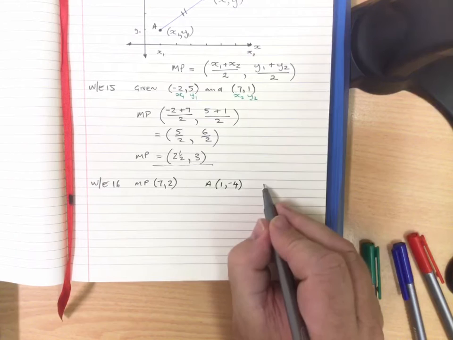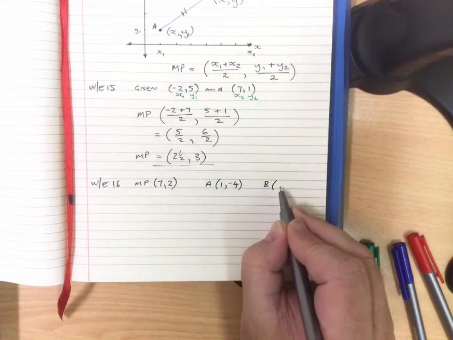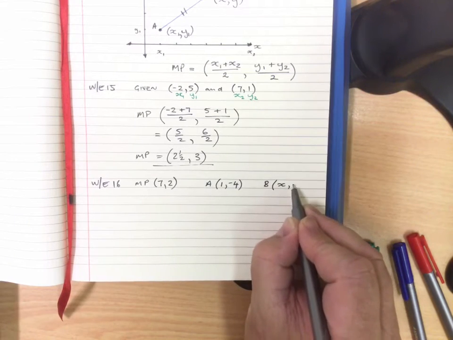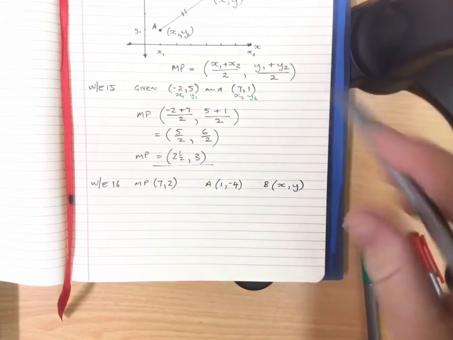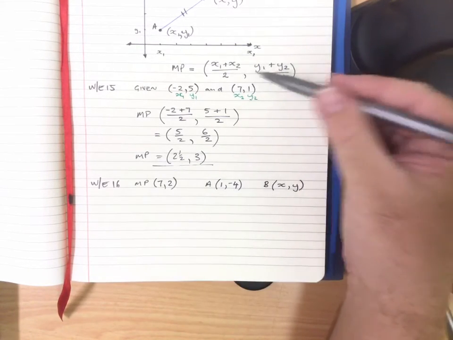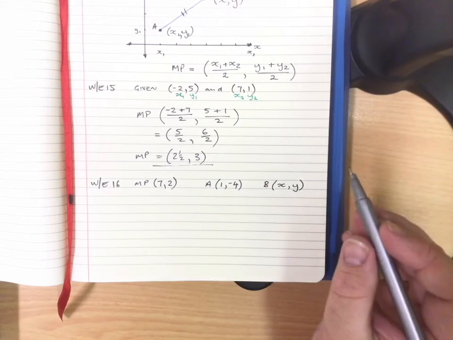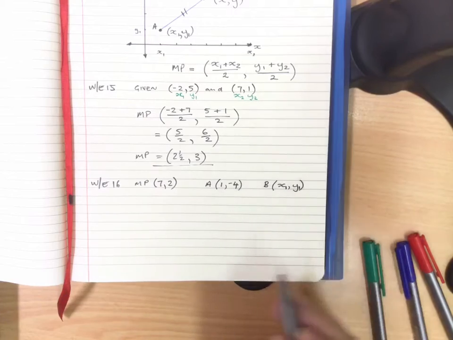And we're asked to find what is at the other end of that line segment. What is this point B? I'm going to allocate B as x and y. From our formula, we could call this x1 and y1, or we could call x2 and y2. It's not really a problem. So let's just put down, this is x1 and this is y1.